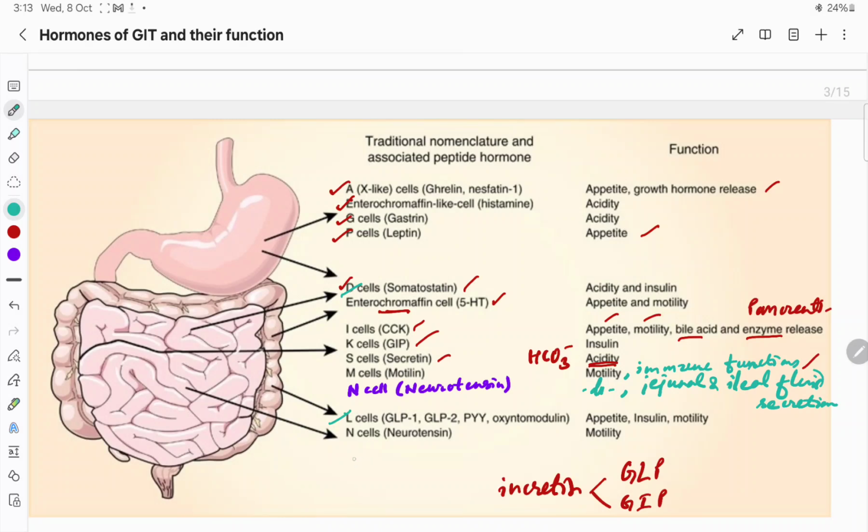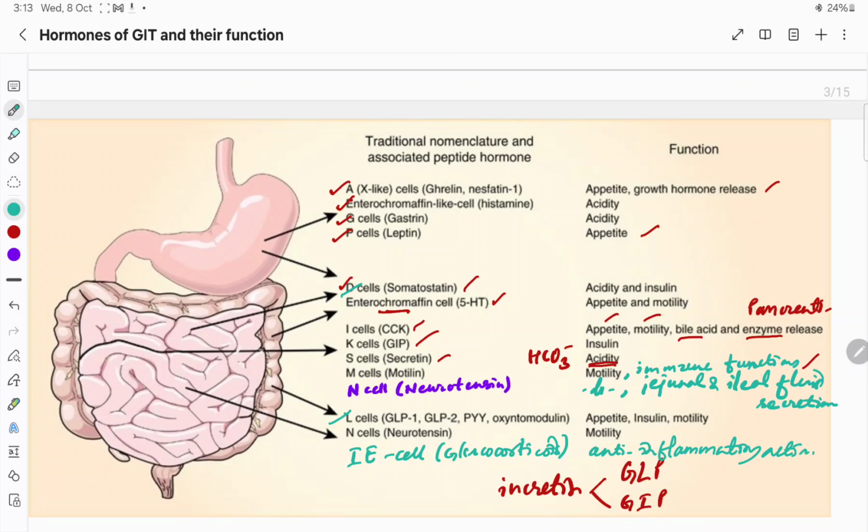The other cell is the IE cell, the intestinal epithelial cell, which secretes glucocorticoids, and they have anti-inflammatory action. The glucocorticoids like cortisol have anti-inflammatory actions.